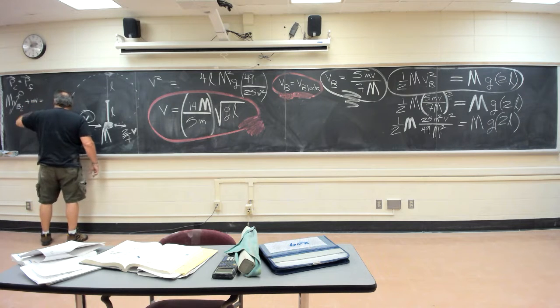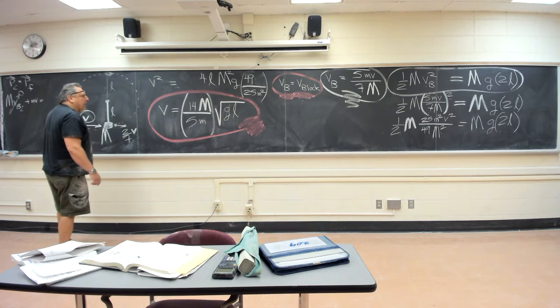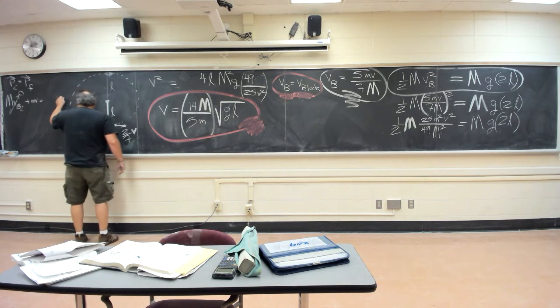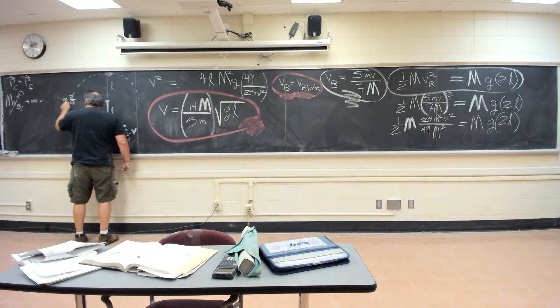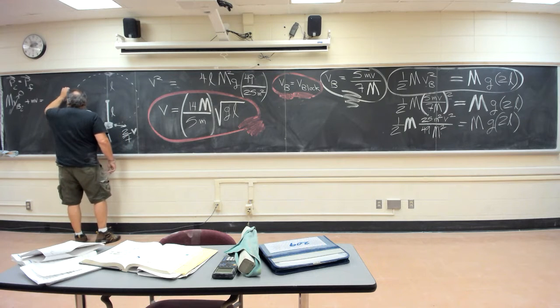And then the bullet passes through. It's going at 2/7 the speed of what it was initially going at. So it's getting out of there at 2/7 v.